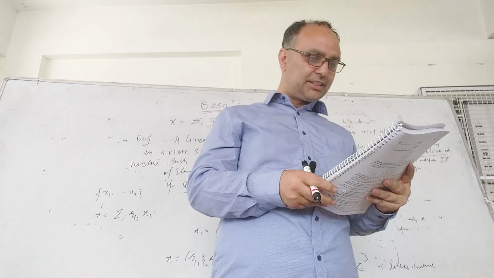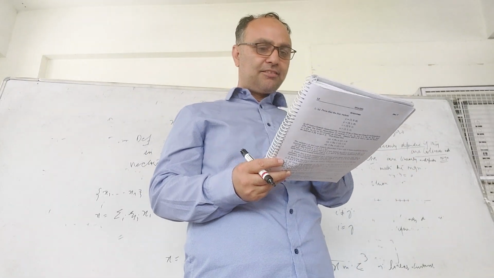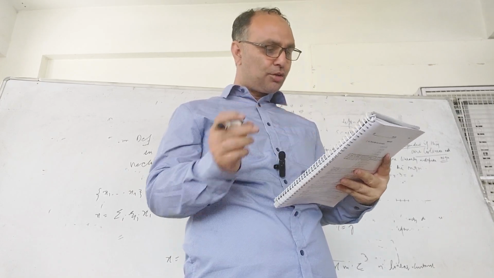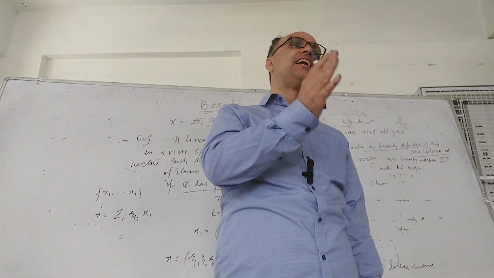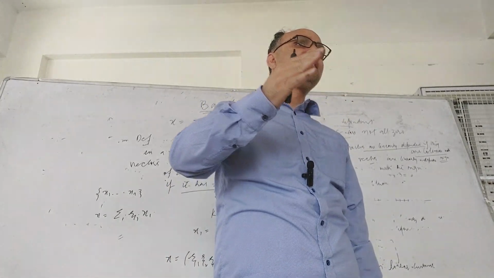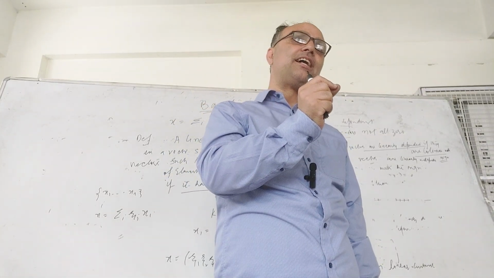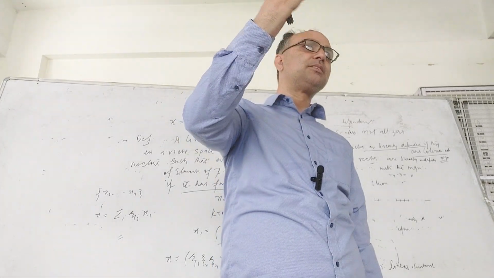The last theorem of this book says that if V is a finite dimensional vector space and y1, ... are linearly independent vectors, unless y already forms a basis. So the way I said it, any n-dimensional space can be embedded in an n plus 1 dimensional space. In the same way, any dimensional space can be embedded in a space of one higher dimension.